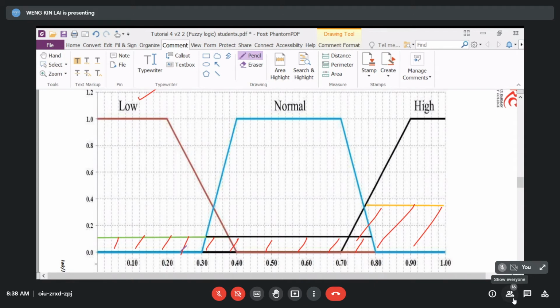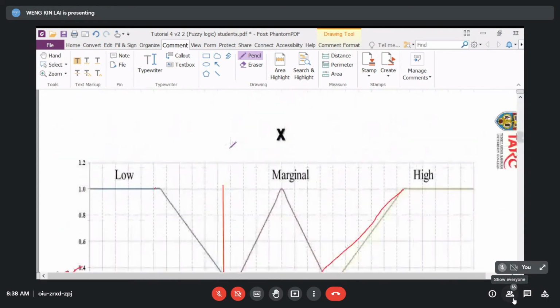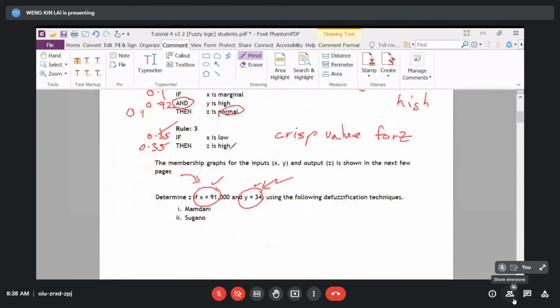Remember, we have many methods for determining the center of gravity. For simplicity, we just use the clipped version. The center of gravity will give you the crisp value, the actual value for Z. We're trying to find the output, so we're trying to find the crisp value for Z.